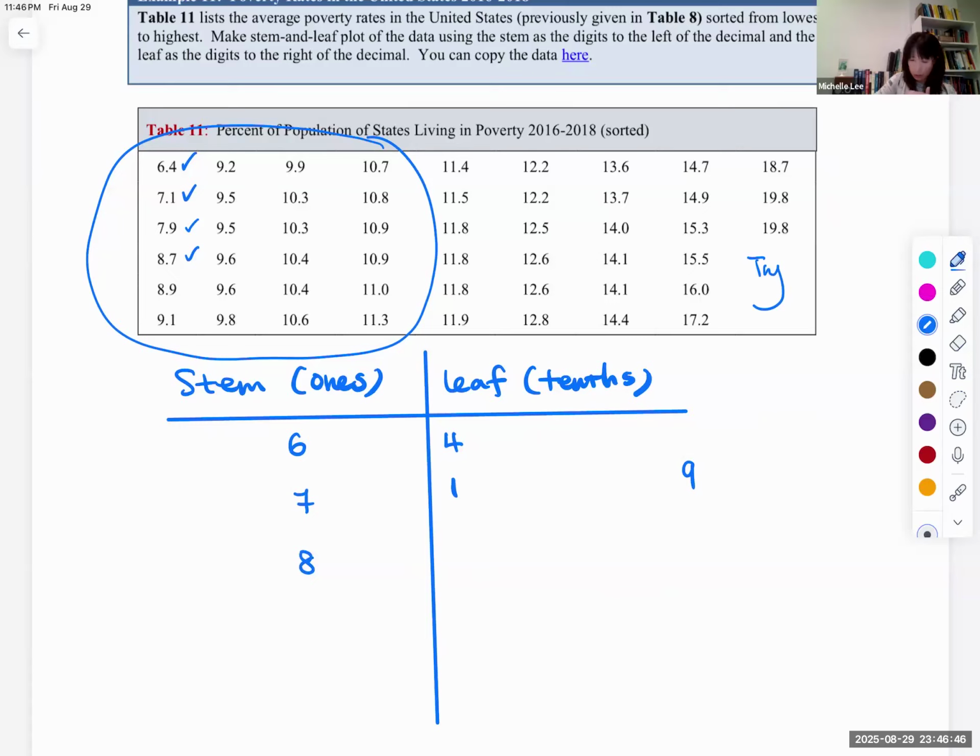So from smallest to largest, for the stem 8, from here is 8.9. So from here, 9.1, and then 9.2, 9.5, 9.5, 9.6, 9.6, 9.8, 9.9, 10.3, right?